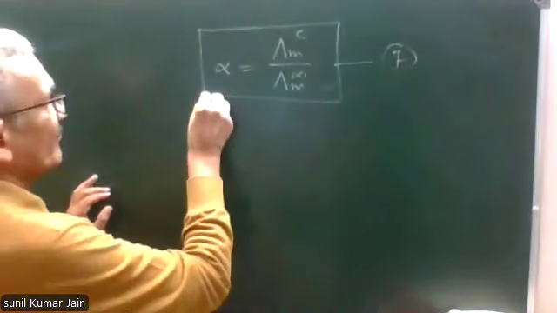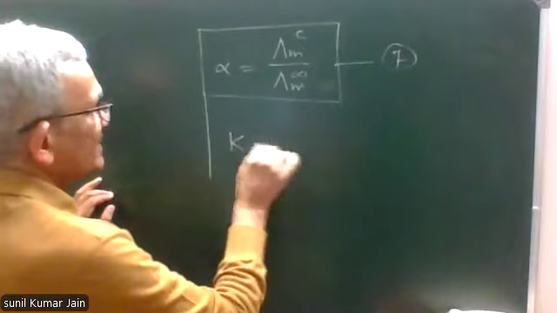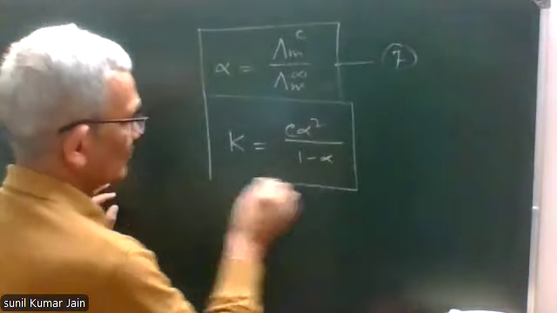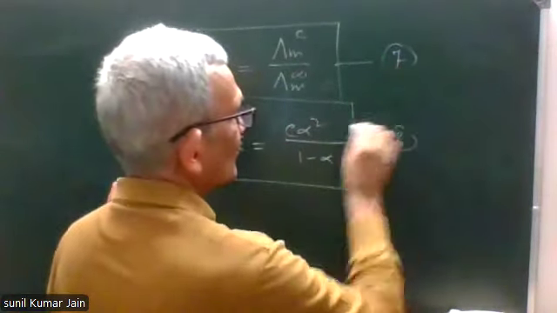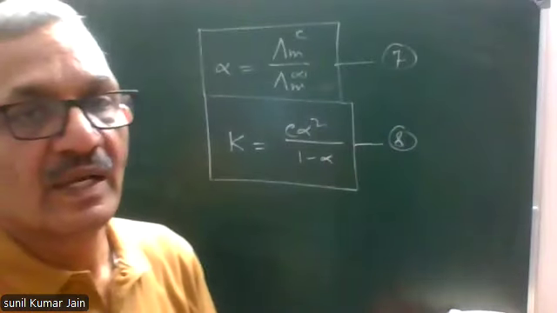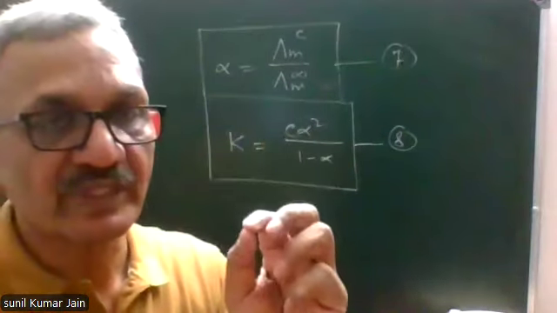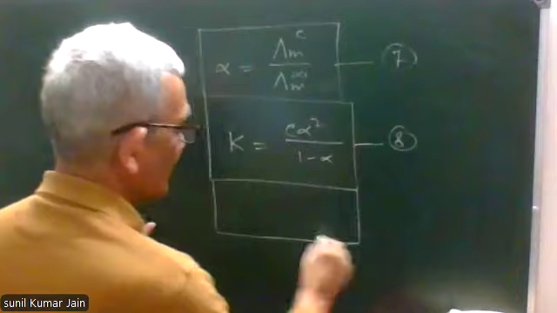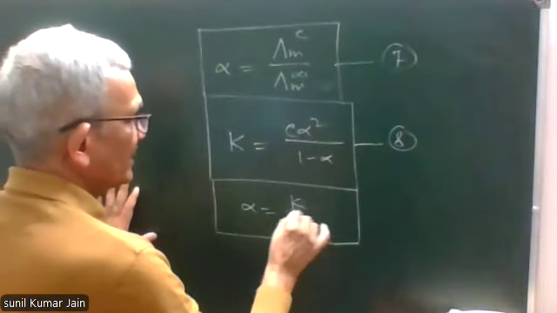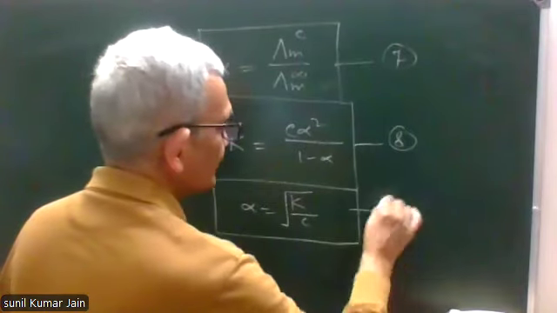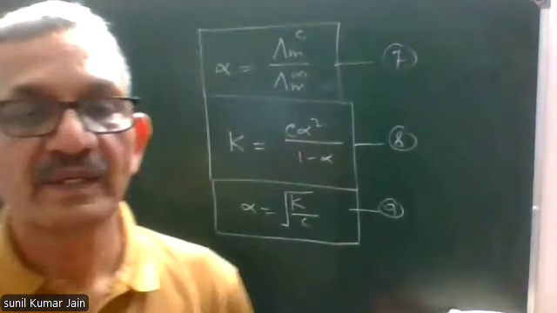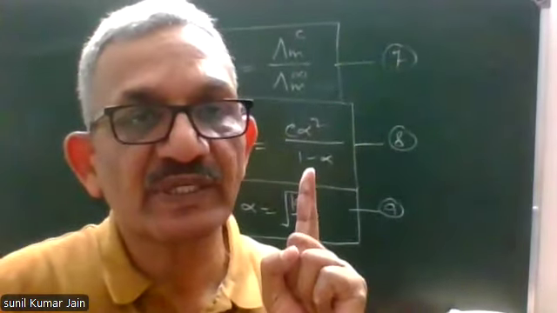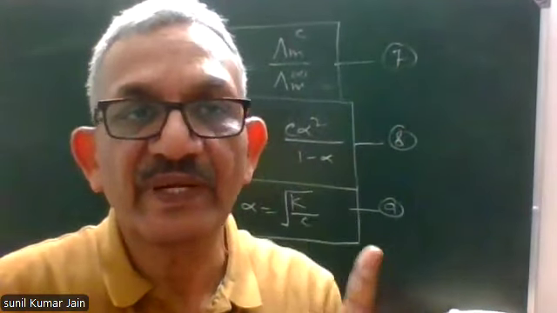And second is K is equal to C alpha squared divided by 1 minus alpha. I'm giving you one more equation, but that will be with a caution. Alpha is equal to under root K by C. Remember, we cannot use equation 9 frequently.